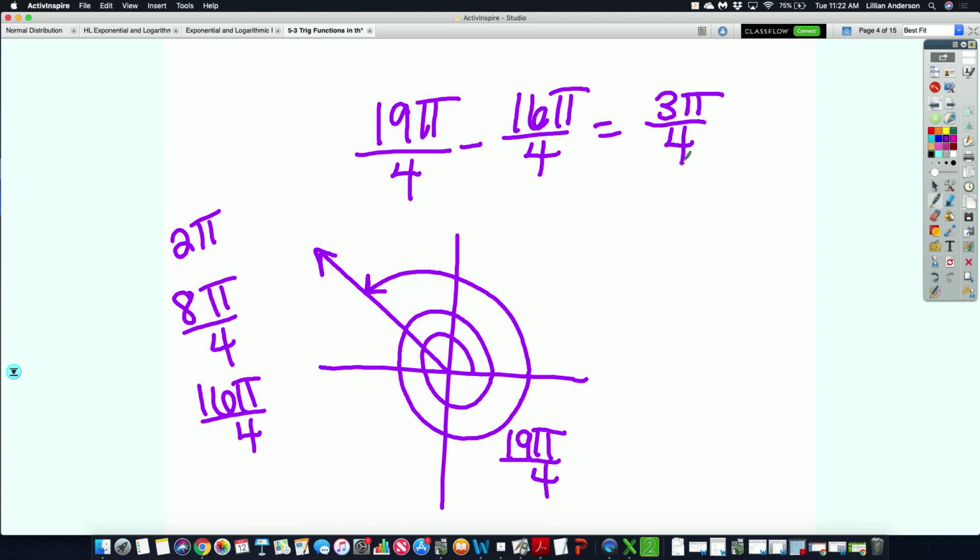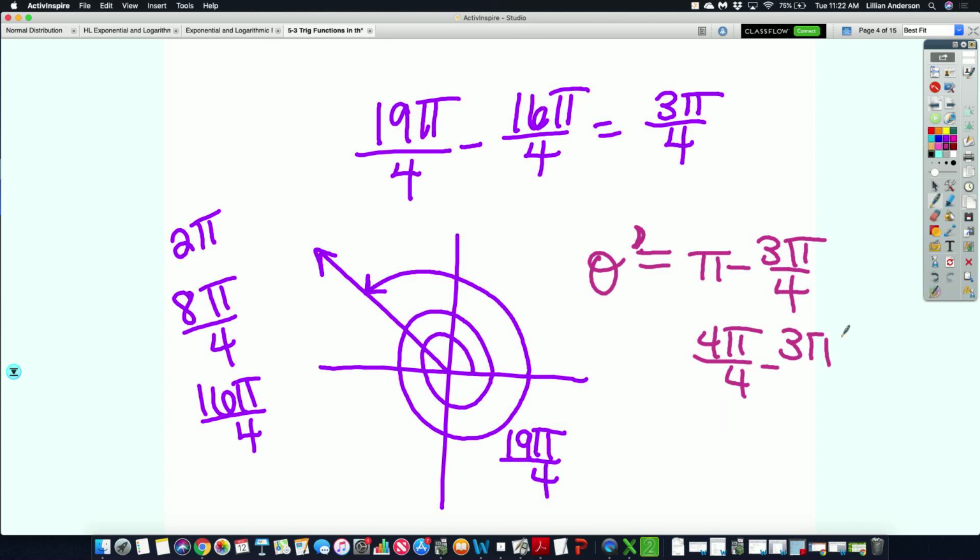Since it's in the second quadrant, my reference angle is going to be pi over 4. How did you get pi over 4? We subtract 3 pi from pi. Very good, then common denominator, and you get pi over 4.